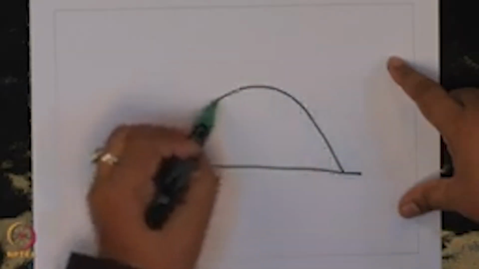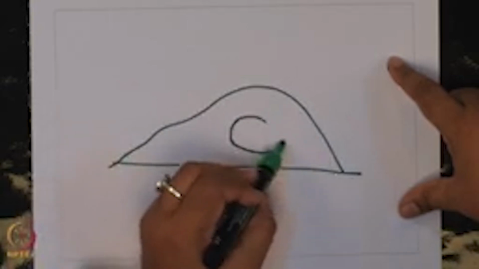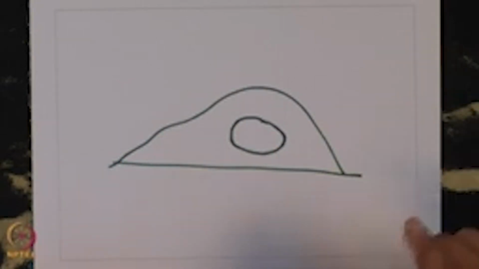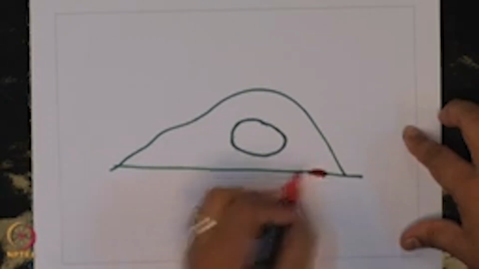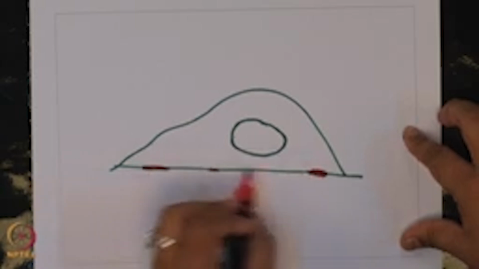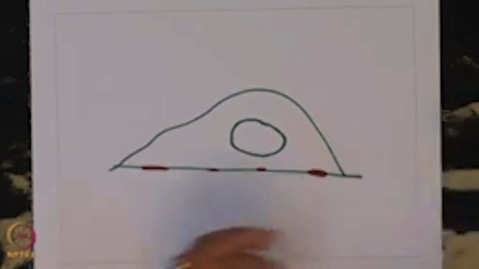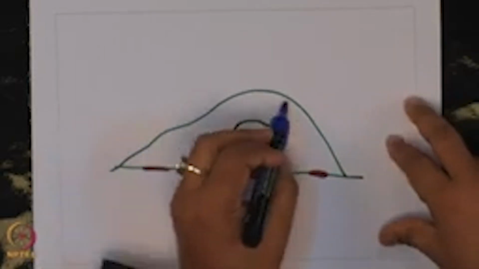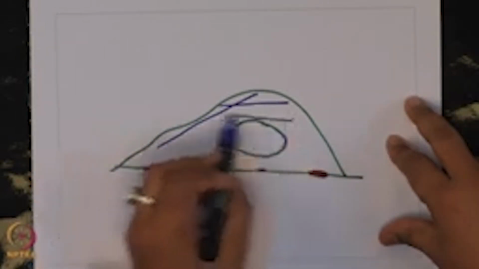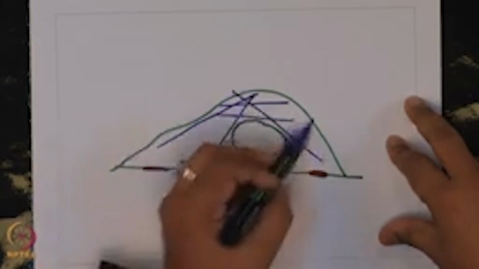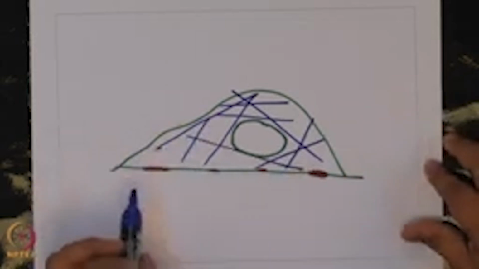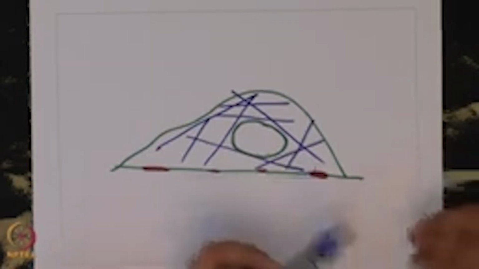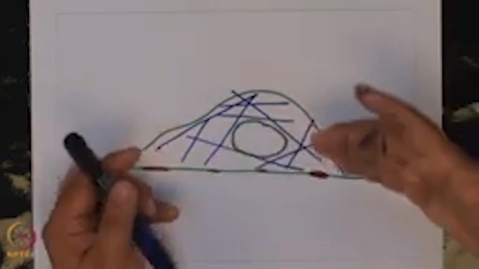So, if I were to draw a cell on a substrate, this is the nucleus, and let me draw. I can depict adhesions like this, and I can depict the actin network. What I have drawn here is the actin network which connects or scaffolds the nucleus around it.